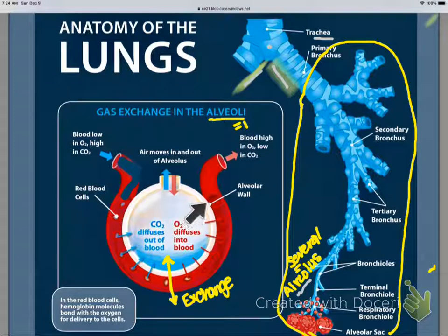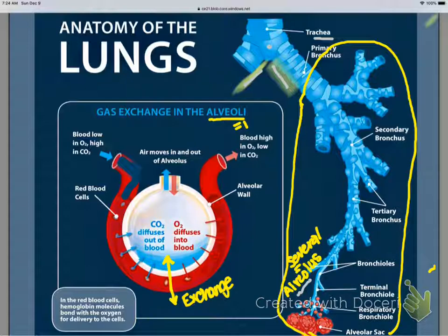Then you have this oxygenated blood, high in oxygen, low in carbon dioxide, coming out. And that's why you've got a red arrow, because you've got oxygenated blood, right? That's usually the colors we see when we're doing this: blue is unoxygenated blood and red is oxygenated blood. So you have your blood high in oxygen, low in CO2.